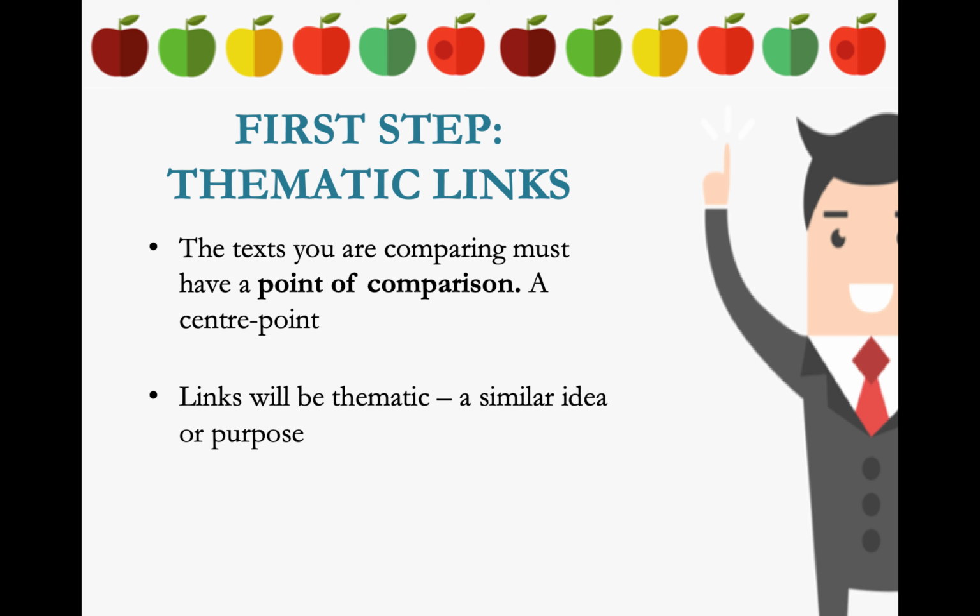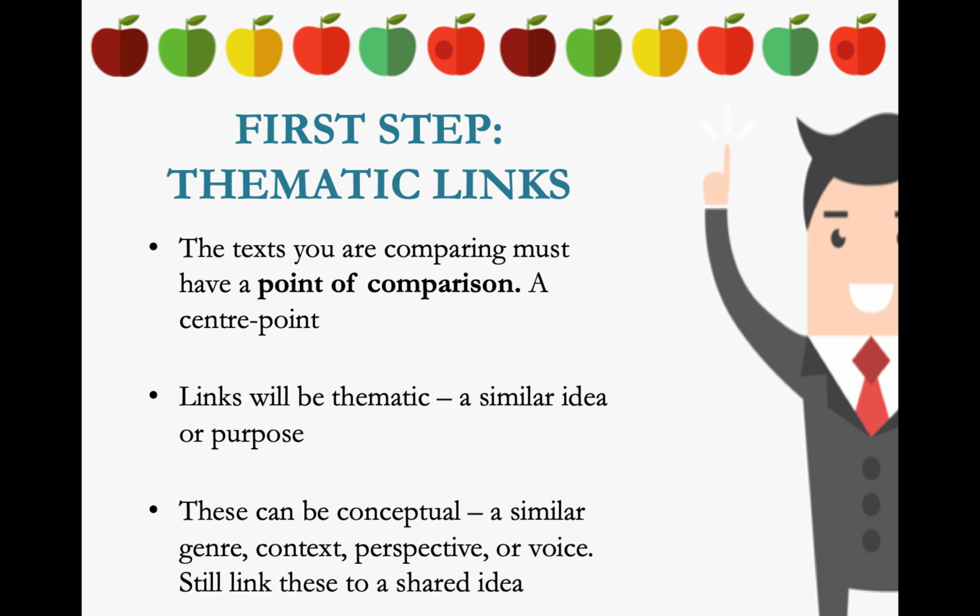Your links should be thematic, so you should try and find a similar or contrasting idea or purpose or subject between your texts. Now these can be conceptual, so you might get a question that asks you to compare how two texts use conventions of a particular genre for different purposes, but still these should be linked with a shared idea.